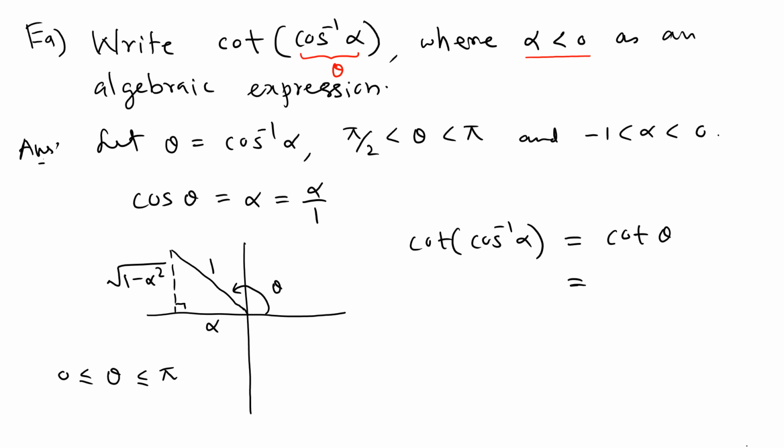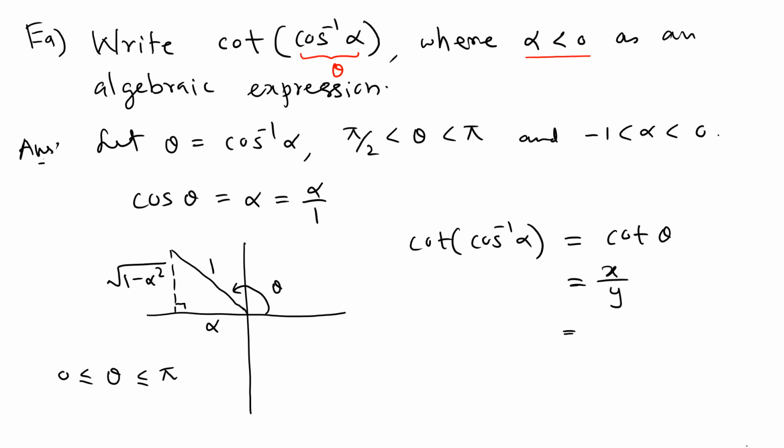According to the triangle, cotangent means adjacent over opposite, so it is x over y.